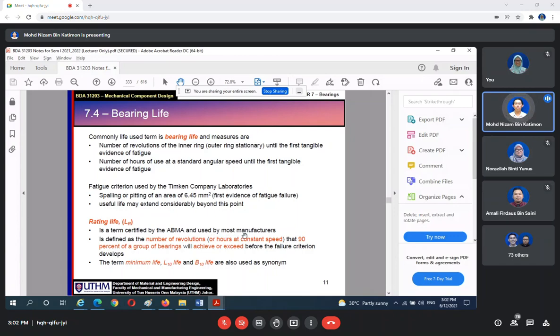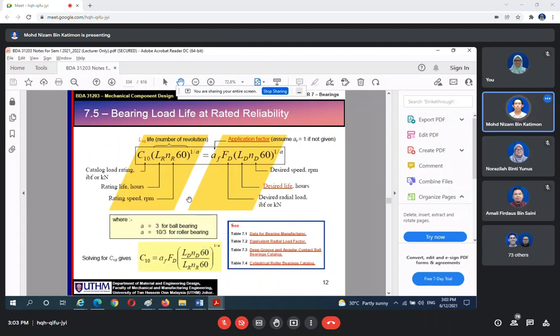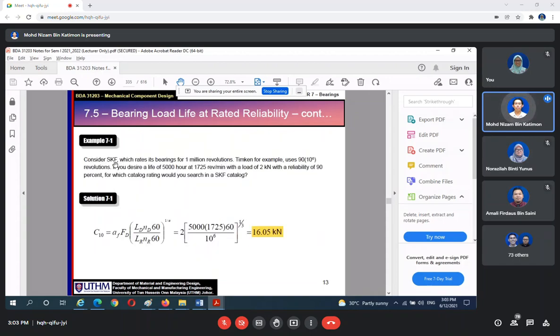This is used by most manufacturers. In the case of SKF, they use 1 million. That's why LR and R60, the bottom one, for SKF bearing uses 1 million. But if we select Timken, as in the US, they use 90 million.